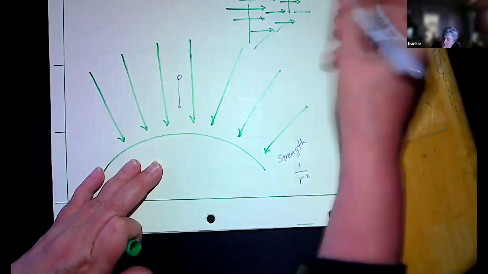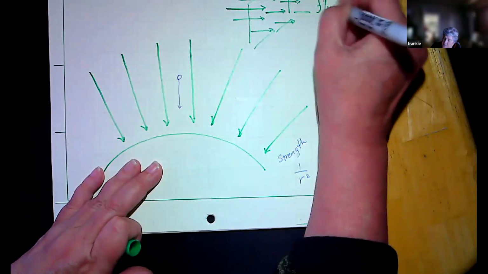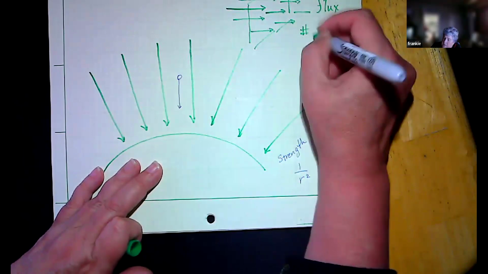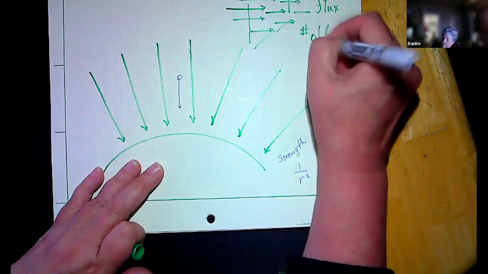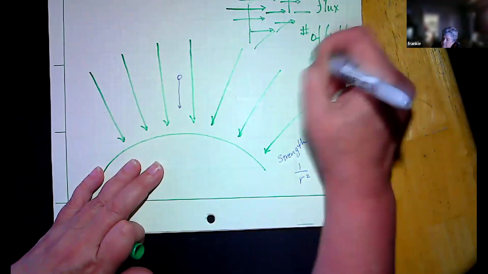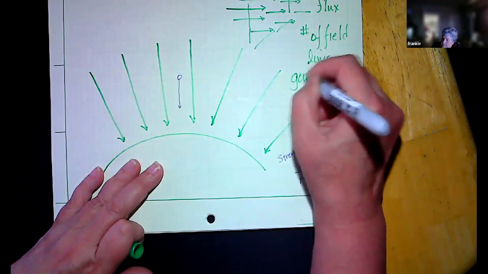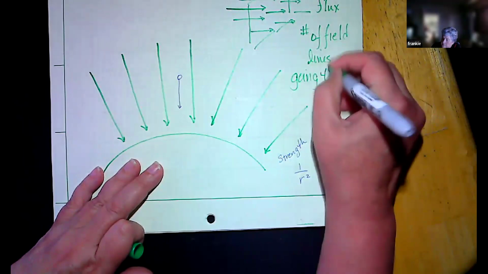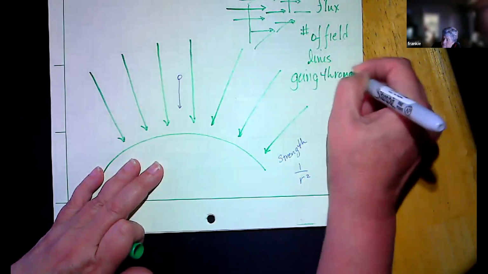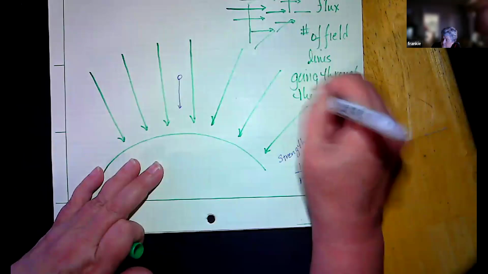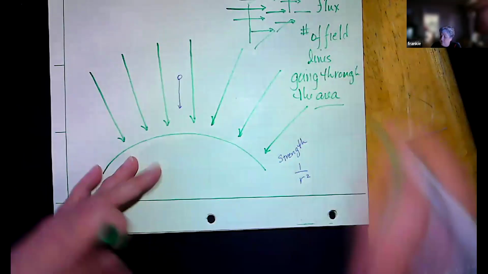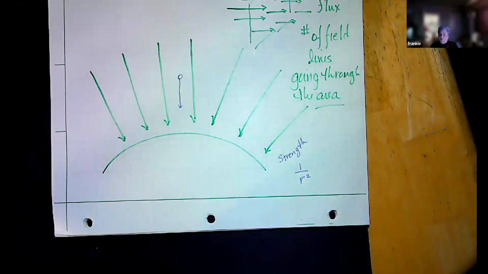And this gives us our idea of flux. Flux is the number of field lines that are going through this area.